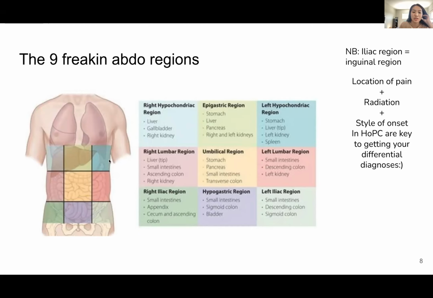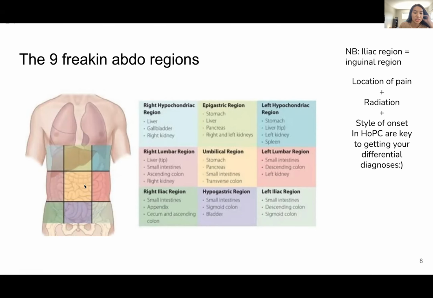On the left, it's not very common, but if that were to happen, you would think about the spleen. The right lumbar region, or the loin, is usually just the ascending colon, so there's not much there other than the right kidney and the back.